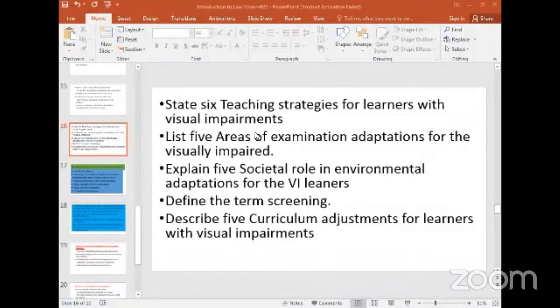Oh, yes. This is Maggie saying screening is a test done to detect any potential disorder. So it is a test that is done to detect any potential disorder.